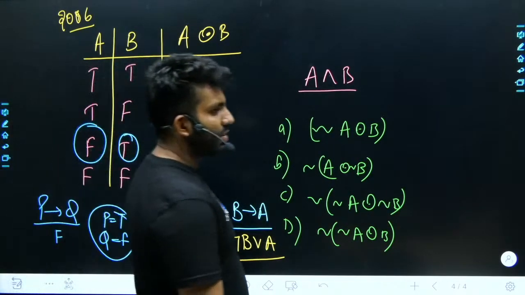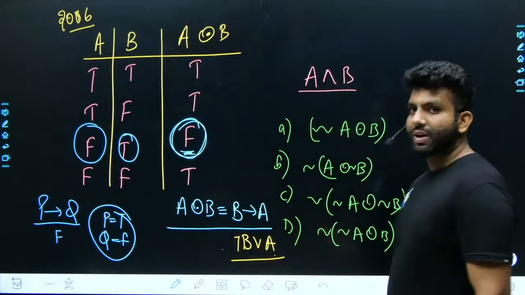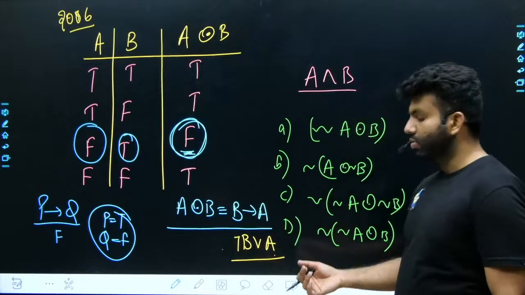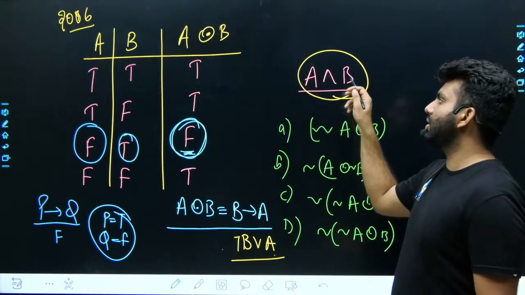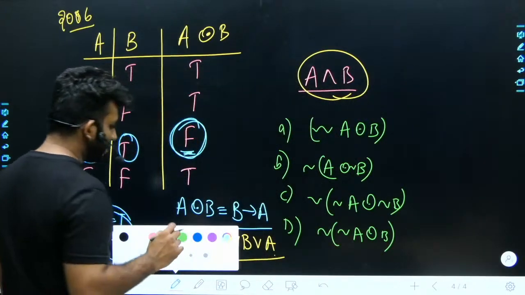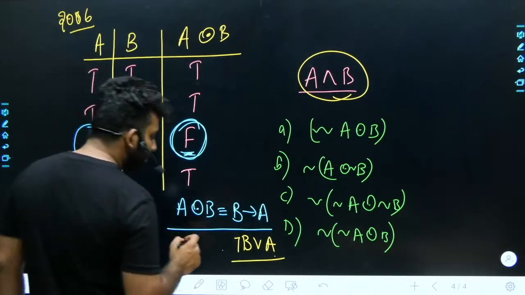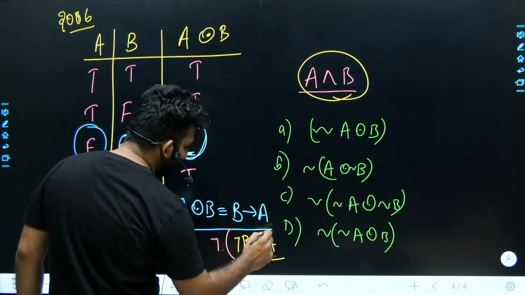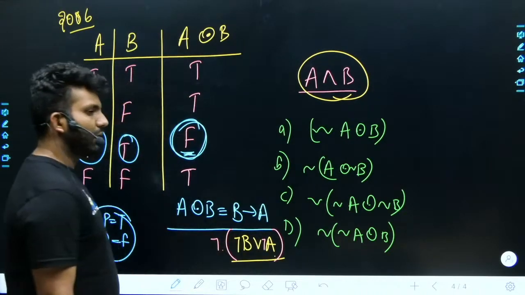Clear? So if I want to create A and B from this expression, how can I do this? It is very simple. We just need to be logical. If I put negation over here and negation over here, what will happen?